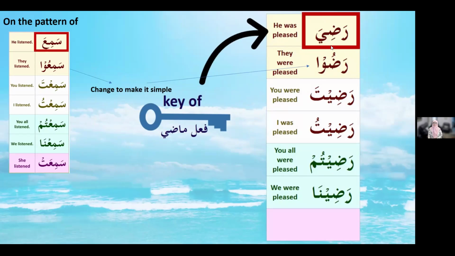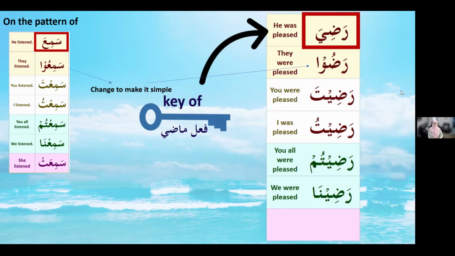Radiya. Now, radiya, we want to convert he was pleased. Radiya, he was pleased. So, radiya. So, just look at it. It's on somewhat the same lines as sami'a. Radiya, sami'a. So, it's a similar pattern going on the sami'a pattern.